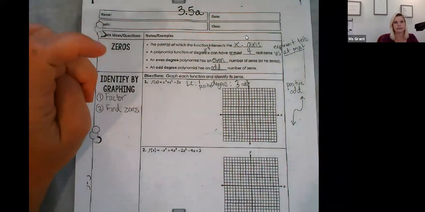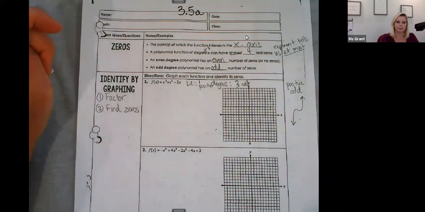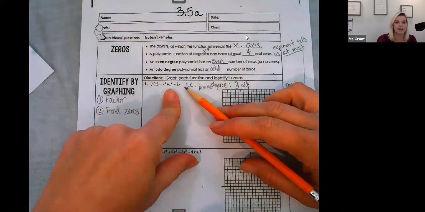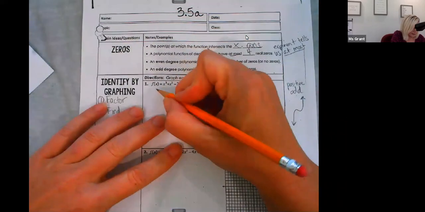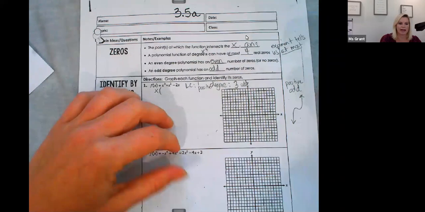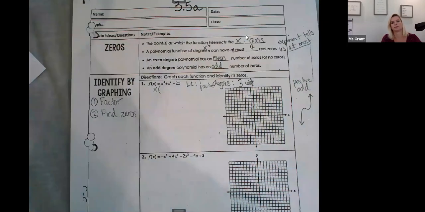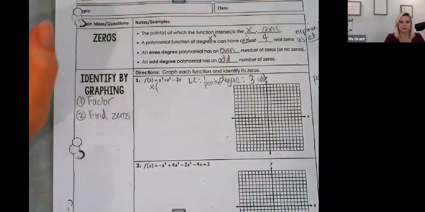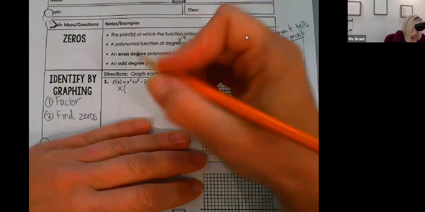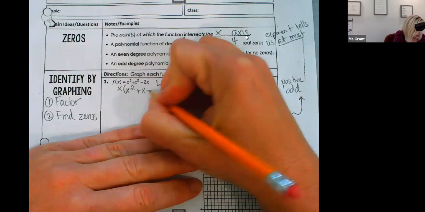So, okay, x cubed plus x squared minus 2x. Let's factor that. It has an x with it. So I'm going to factor out my GCF of x, and I get x squared plus x minus 2.